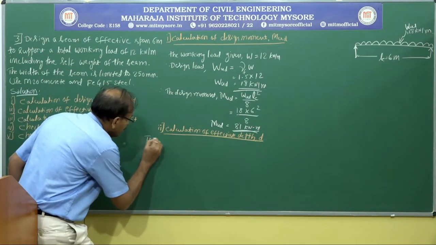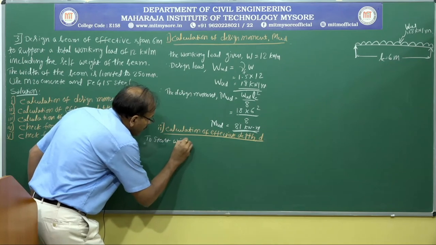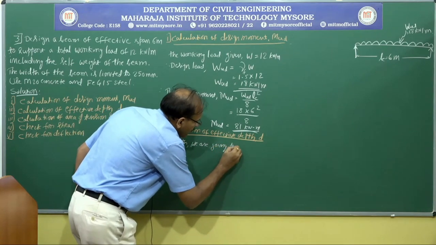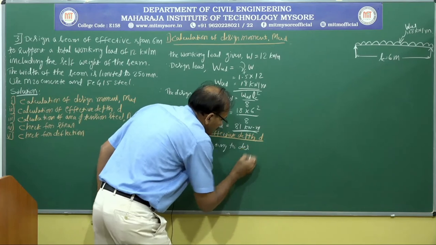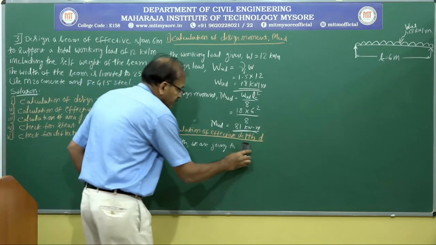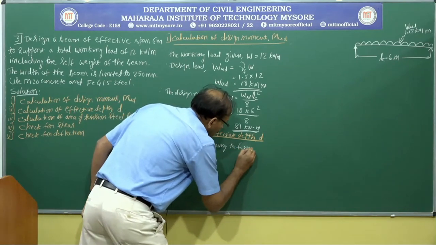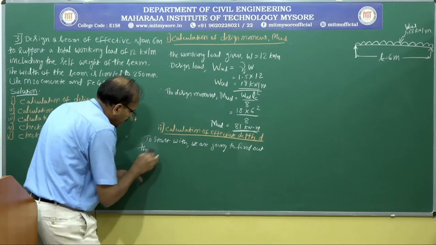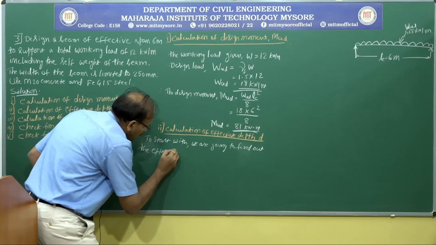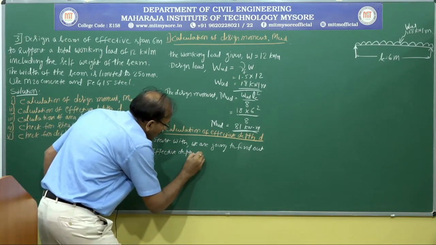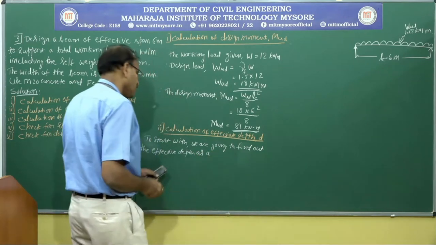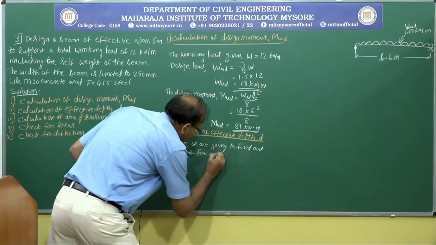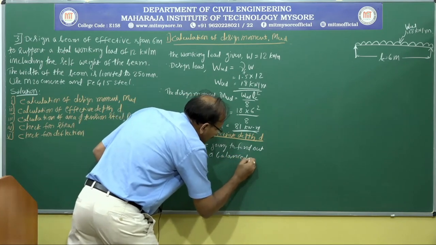To start with, we are going to find out the effective depth as depth for a balanced section.